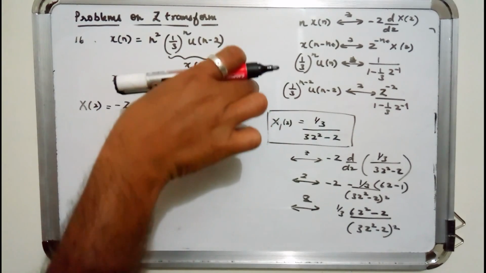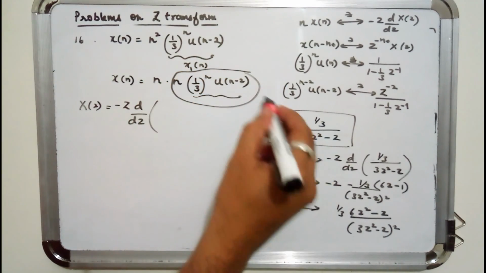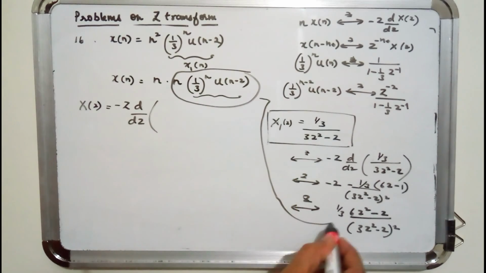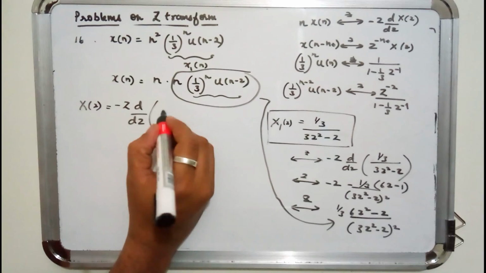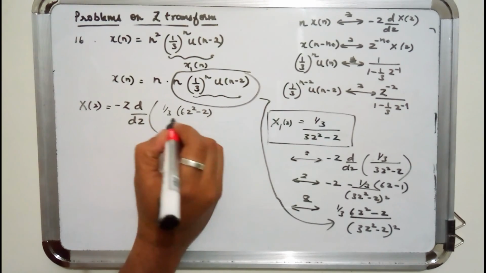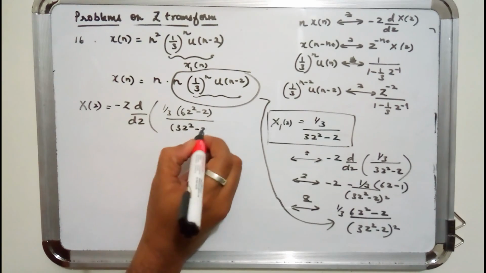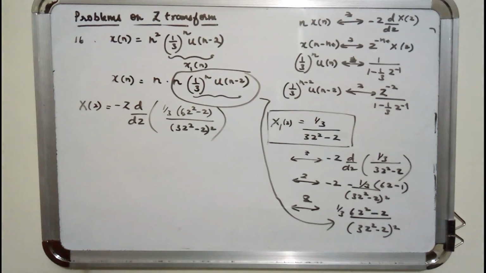So I need to find the z transform of this. What is the z transform of this? It is this function, because I have used n into x of n. So it is 1 by 3 into 6z square minus z divided by 3z square minus z whole square.